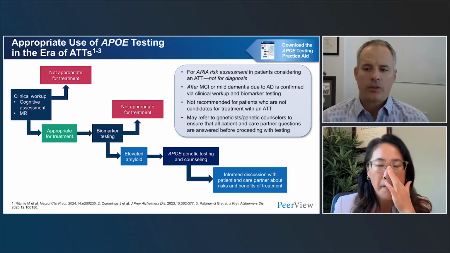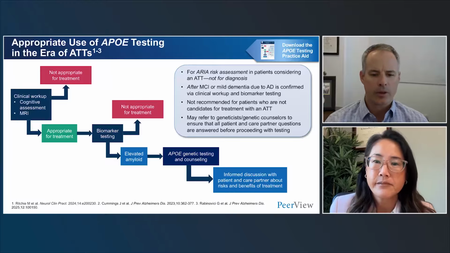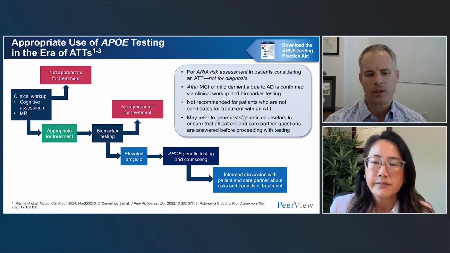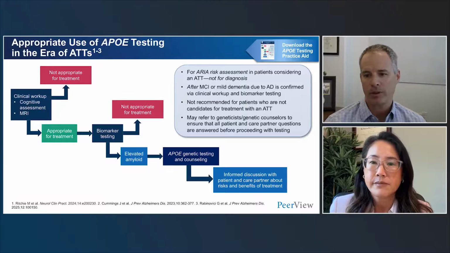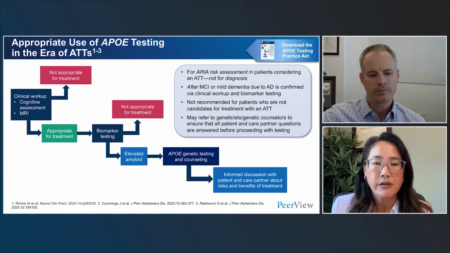Yeah, we do things in a similar way. And in general, we aren't talking to patients about their APOE genetics until we already know that they have amyloid in their brain, which helps defray some of the ethical concerns. And there are some that may refer to geneticists or genetic counselors as part of this process. Is that something that you do in your clinic also?